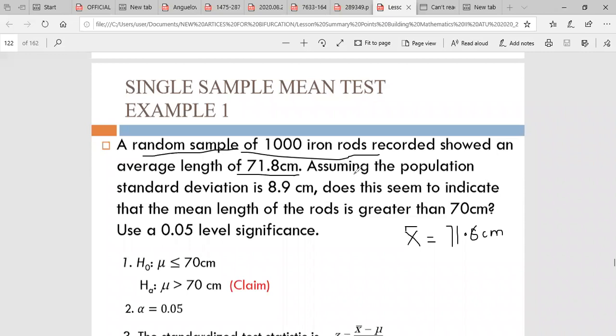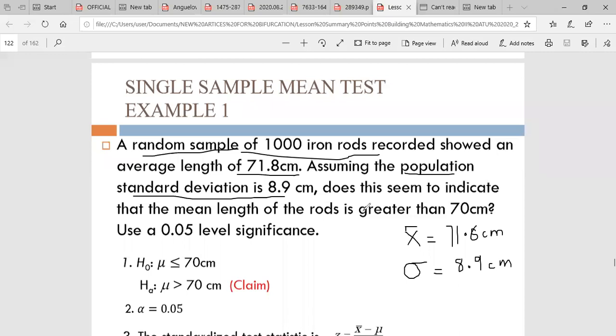Then it says, assuming that the population standard deviation. So now we've been given the population standard deviation, which means we know the population variance. It's just the square of this population standard deviation. So we've been given sigma to be equal to 8.9. So population variance can also be found, is known.